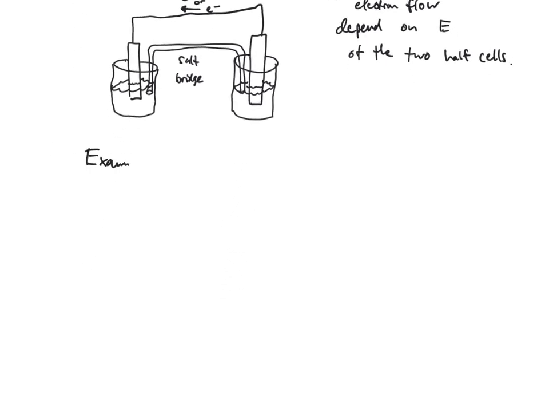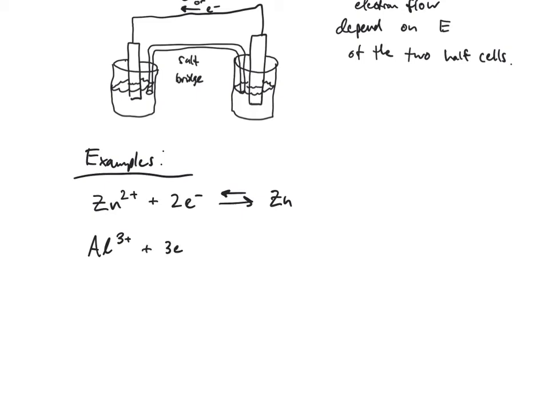Let's see a couple of different examples of half reactions. The first example that the book lays out, a +2 cation of zinc reacts with 2 electrons, which exists in an equilibrium of uncharged zinc metal. Another example might be a +3 cation of aluminum reacting with 3 electrons, existing in an equilibrium with metallic aluminum.